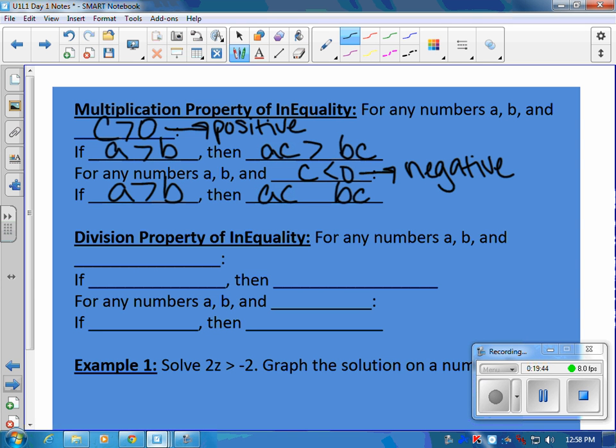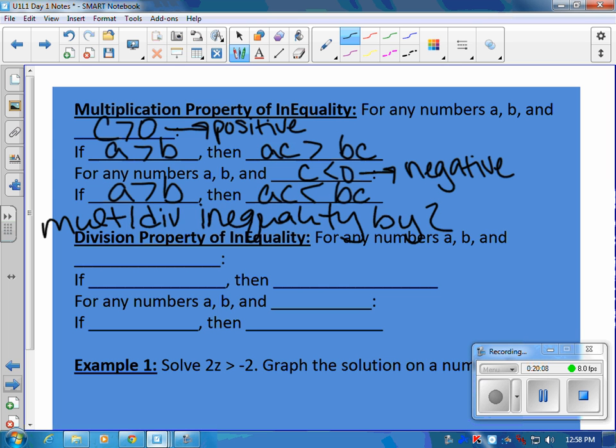Grace? So what happened to that sign? What do we do with our sign? We flipped it. So anytime we multiply or divide an inequality by a negative value, it works the same for multiplication and division, I need to flip my sign.